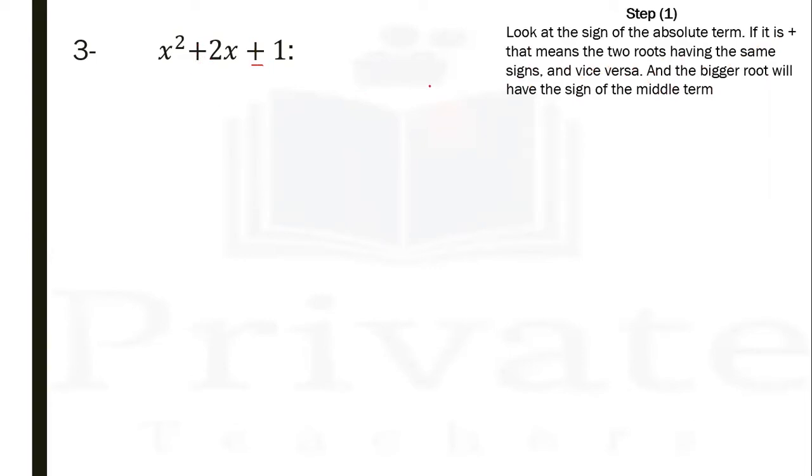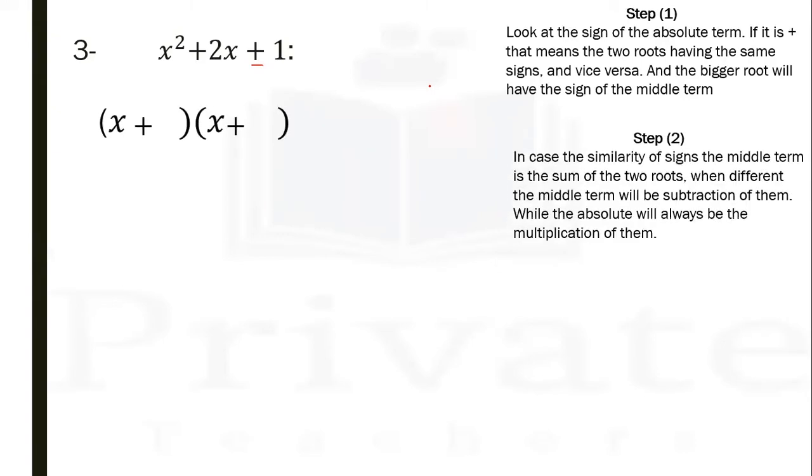It is positive, therefore the two numbers are positive, positive. We open two brackets, x and x, positive positive. Step number 2, in the case of similarity of signs, the middle term is the sum of the two roots. Here, the signs of the brackets are similar to each other. Here positive, here positive.